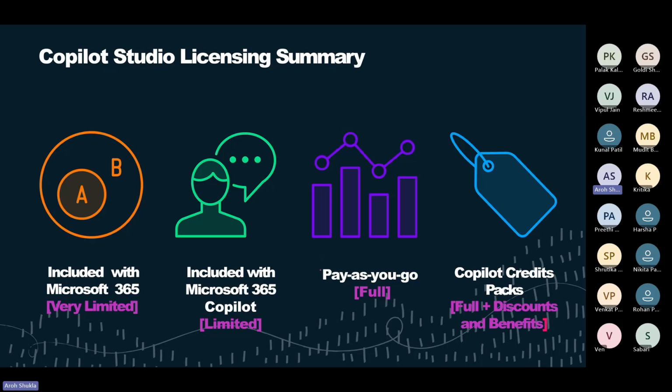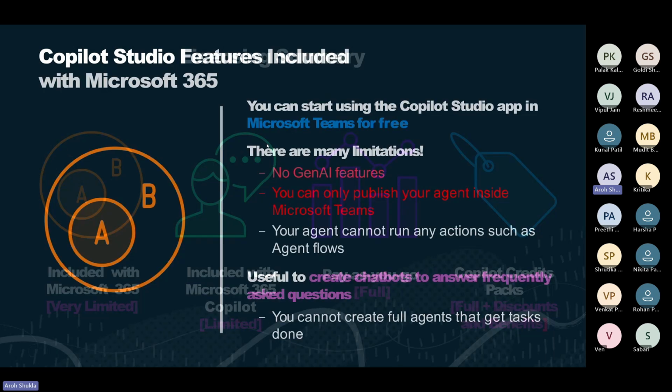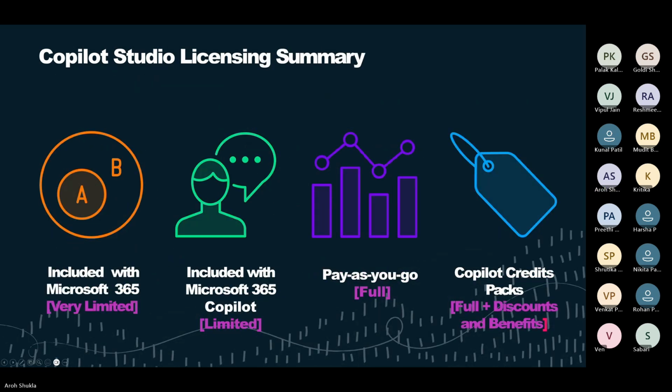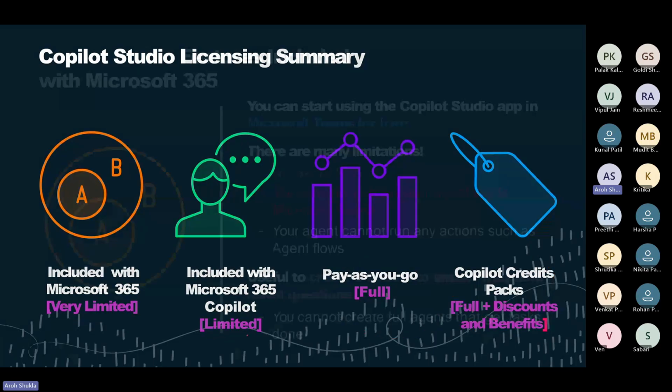But if you go for slightly more capabilities, you start from this particular section. Okay, yeah. So in this way, you have all the capabilities, right? So this is very limited. This is limited. Now let's work on each product, right?